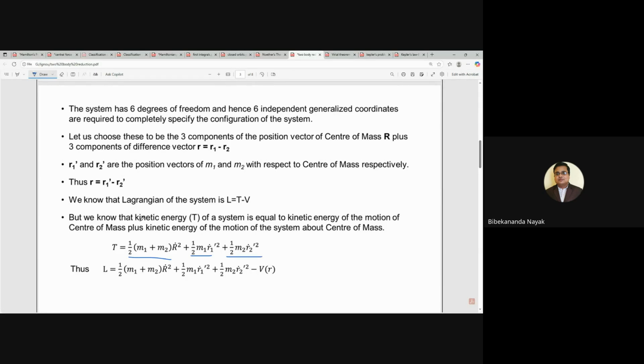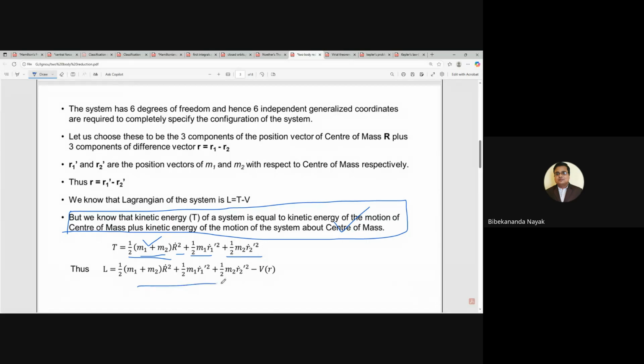There is a basic formula you have to remember: the kinetic energy of any system is equal to the kinetic energy of its center of mass plus the kinetic energy of motion about the center of mass. That means half of m1 plus m2 times R dot square, plus half m1 r1 prime dot square plus half m2 r2 prime dot square.